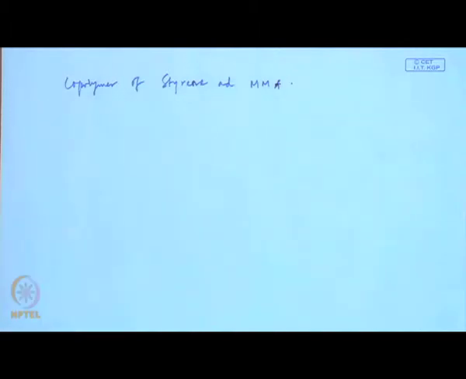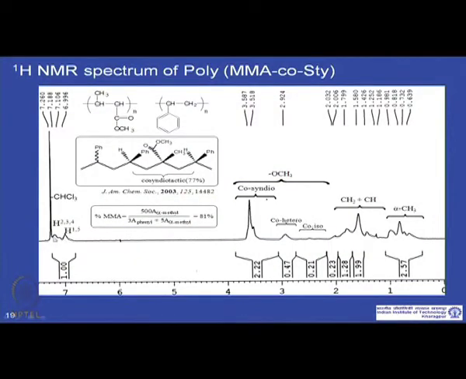If you look at the proton NMR of this particular compound, these 3 proton peaks are for the 5 aromatic hydrogens of the styrene moieties. So, these 1, 2, 3, 4, 5, there are 5 hydrogens for this aromatic.